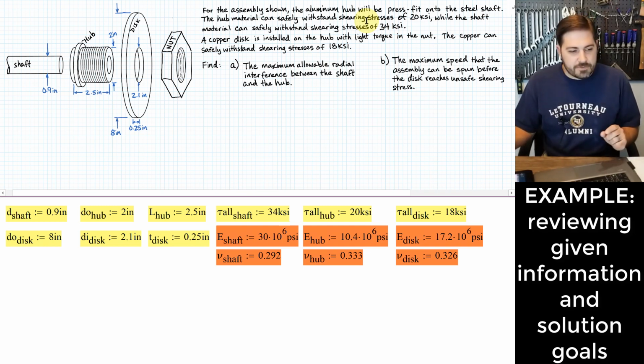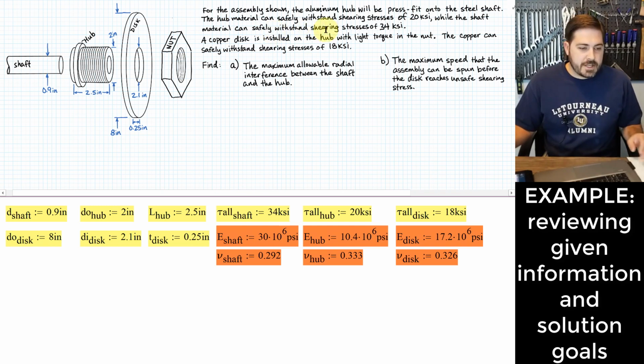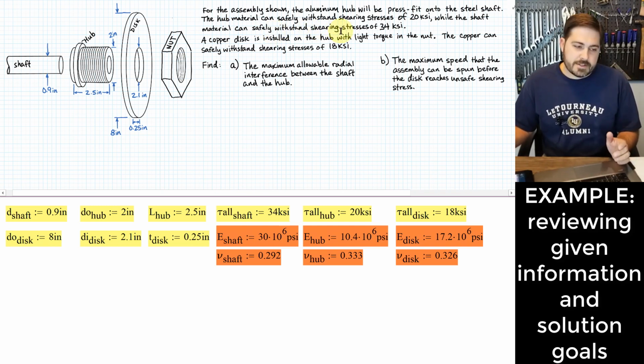I'll talk about in just a few minutes why I'm choosing to give you these strengths of these materials in terms of shearing stresses. Anyway, let's just say this is kind of a strength value, so to speak, of what these materials are, but it's given in terms of shearing stresses. And it says that the shaft material can safely withstand shearing stresses of 34 ksi.